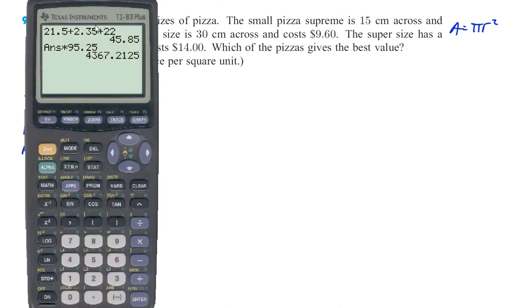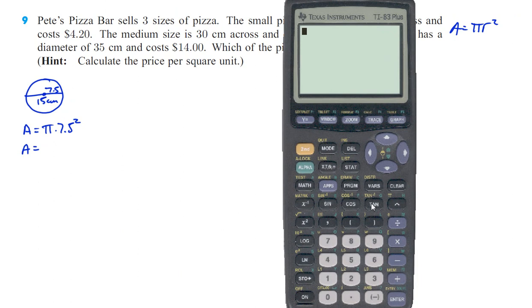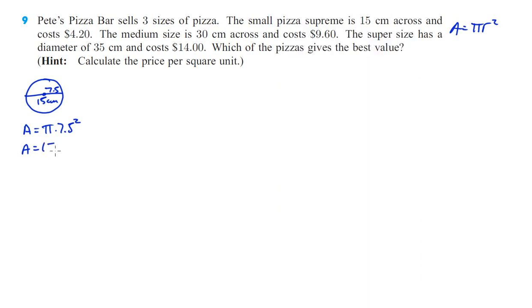We try that one out, and pi times 7.5 squared gives us a total area of 176.7 centimeters squared.